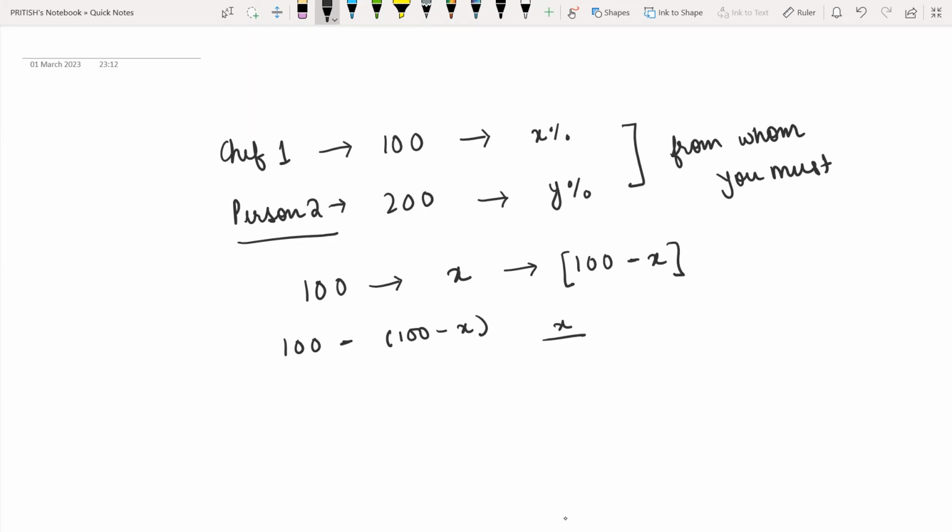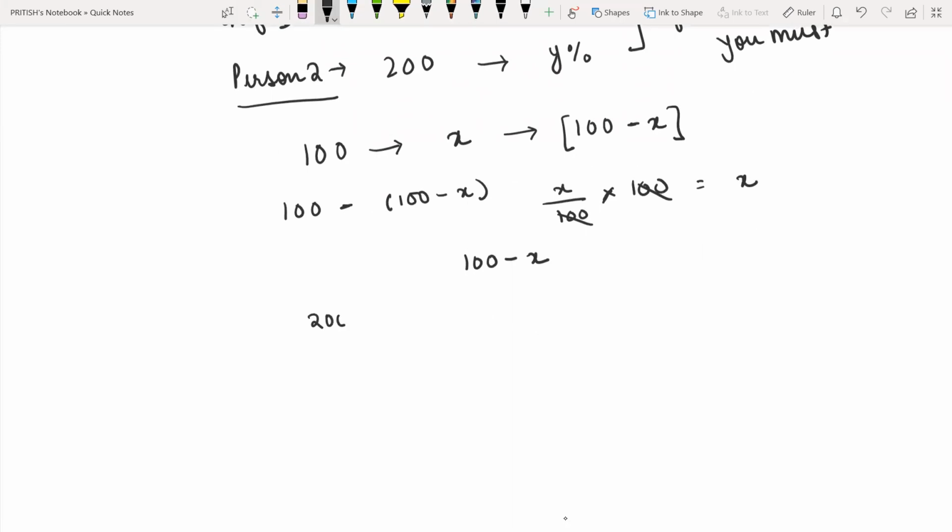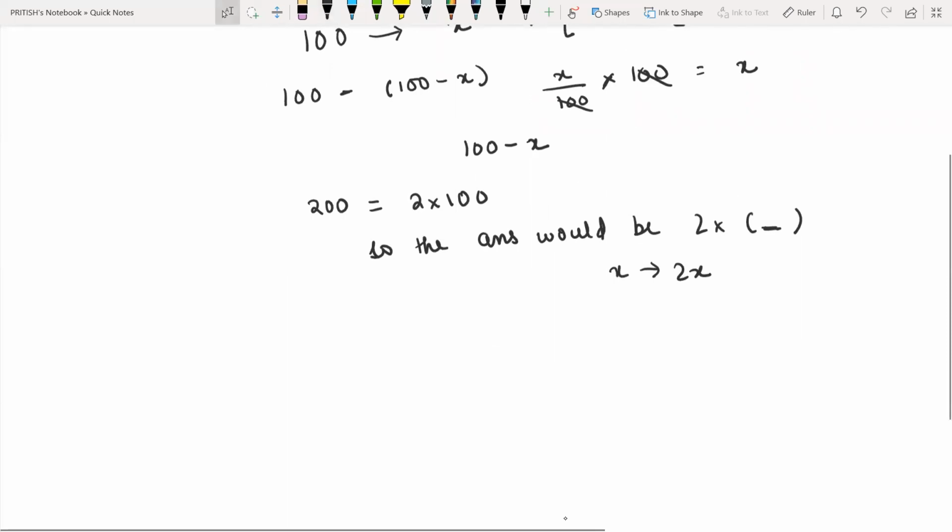So it is X by 100 into 100, which is X. So the answer would be 100 minus X. Similarly, as 200 is equal to 2 into 100, the discount X would be 2X. So we will take the price as 200 minus 2 into the given discount.